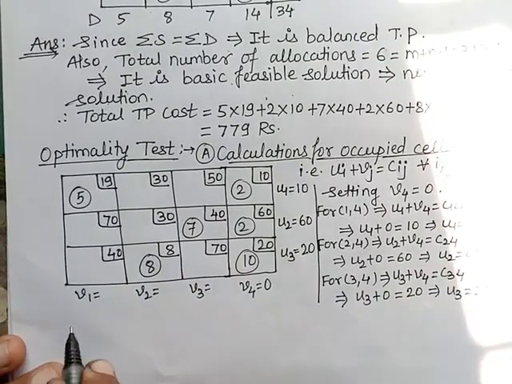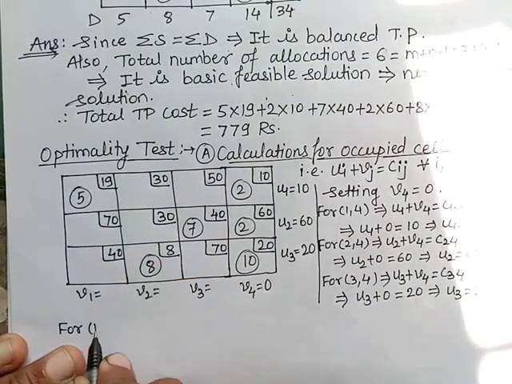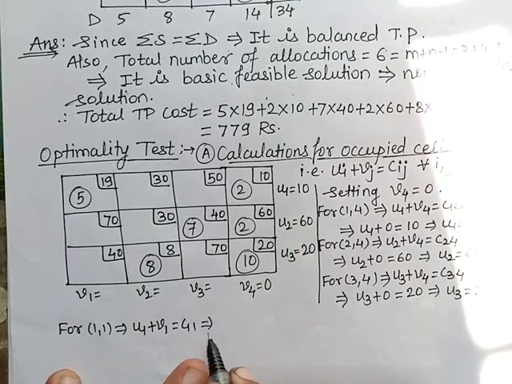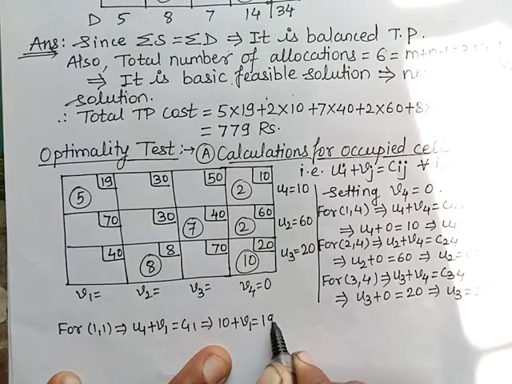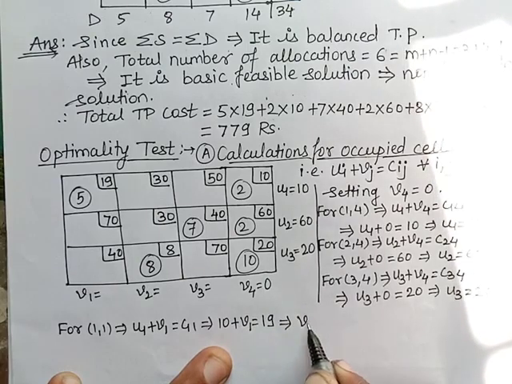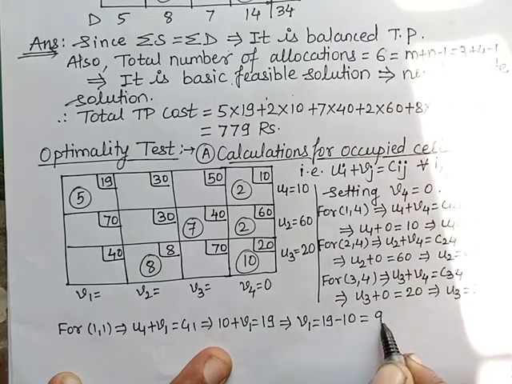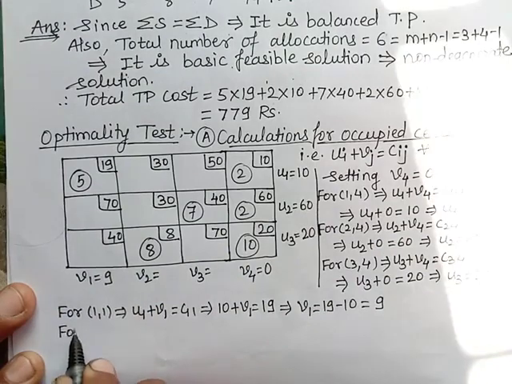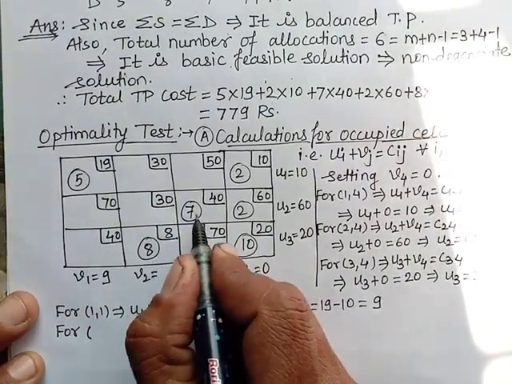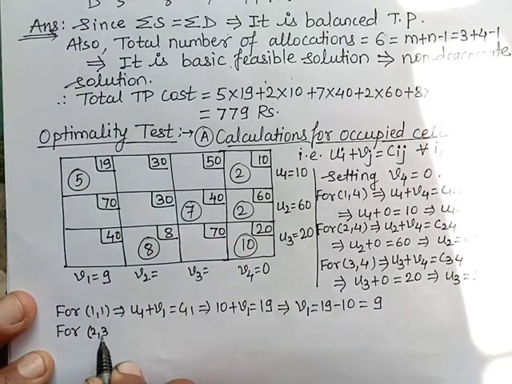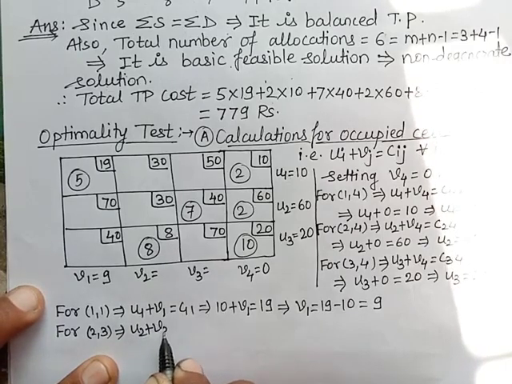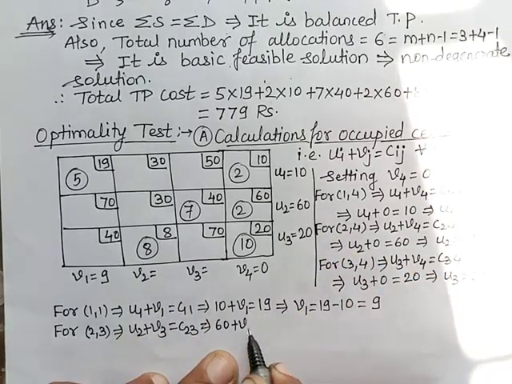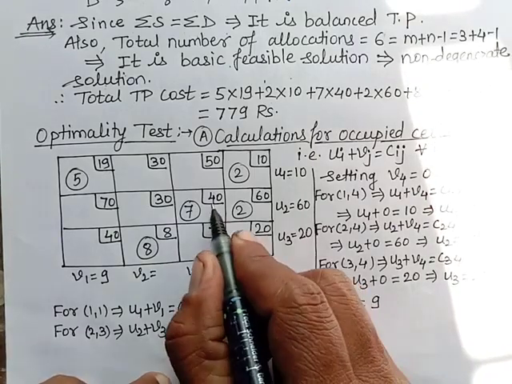For 1,1, u1 plus v1 is equal to c11. u1 is 10, c11 is 19, so v1 is 19 minus 10, that is 9. For cell 2,3, u2 plus v3 is equal to c23. u2 is 60, c23 is 40.